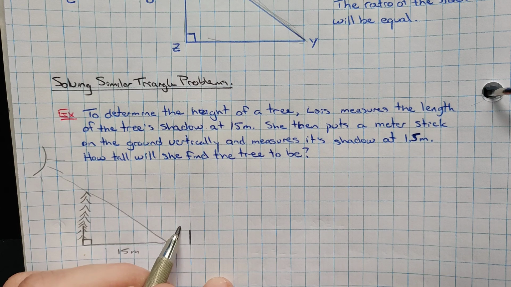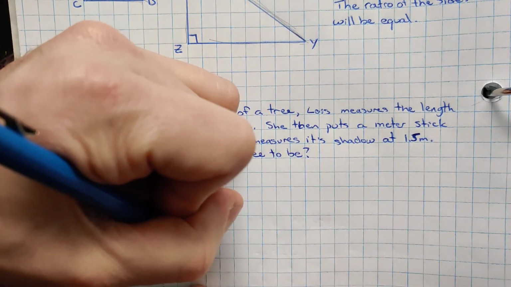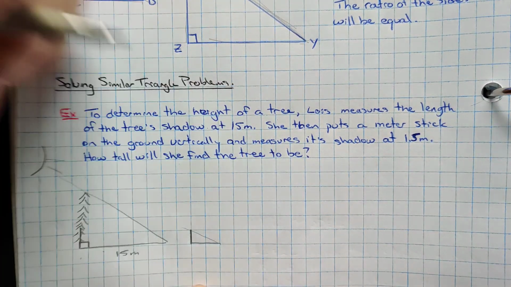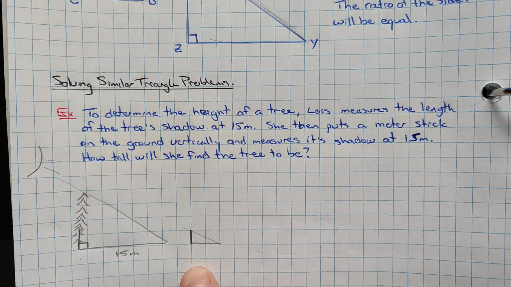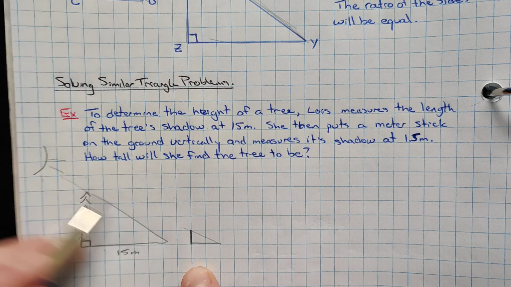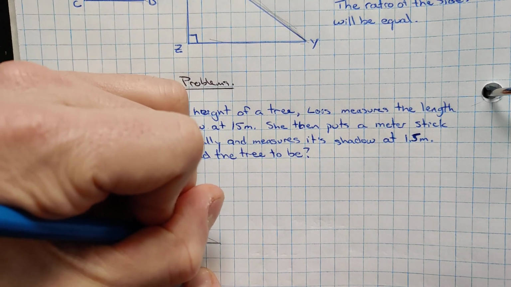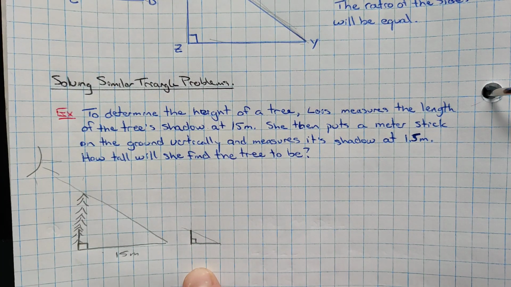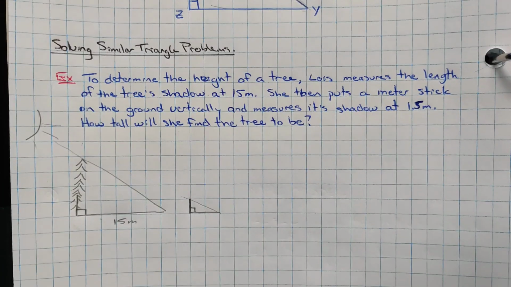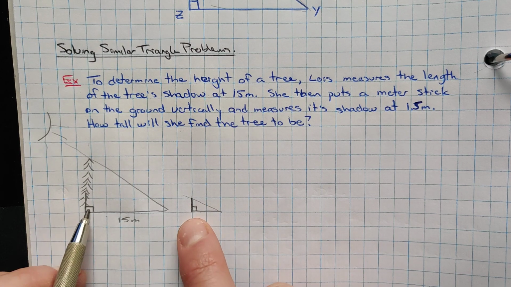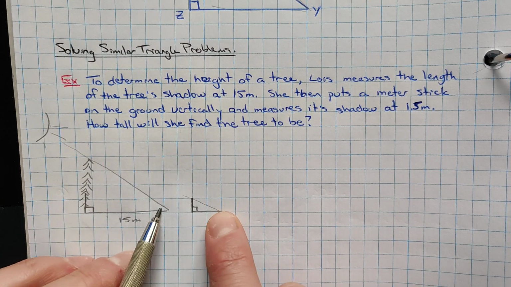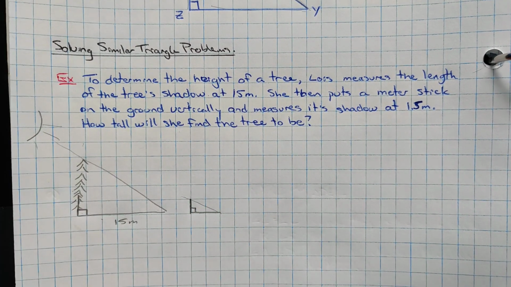It's going to get hit by the sun and cast a shadow. And the sun's angle is going to be the same as on the tree, so we're going to have a similar angle on this triangle as well. And thus we have similar triangles because we'll have the right angle and the angle that the sun makes matching.